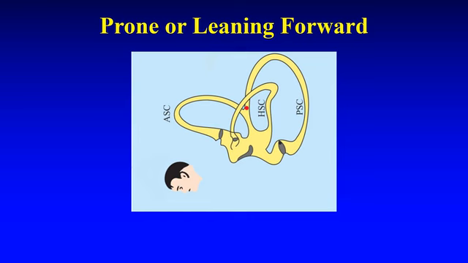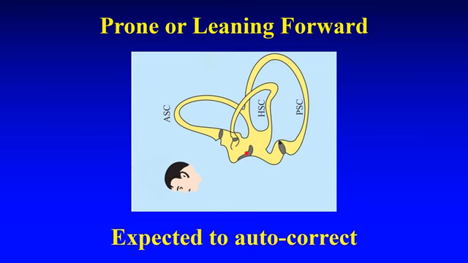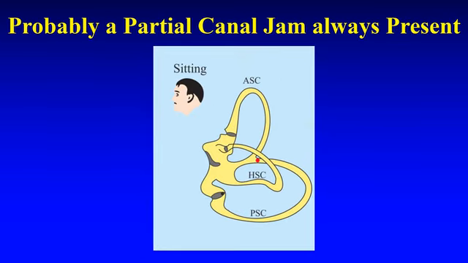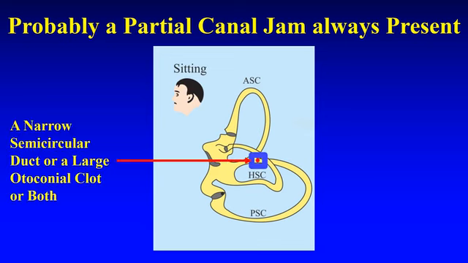Likewise, if the patient bends forward or lies prone, the otoconial debris is expected to fall into the utricular macula and get embedded, leading to autocorrection. But these two things seldom occur. Probably a partial canal jam is almost always present, which may be due to a narrow semicircular duct or a large otoconial clot or both.